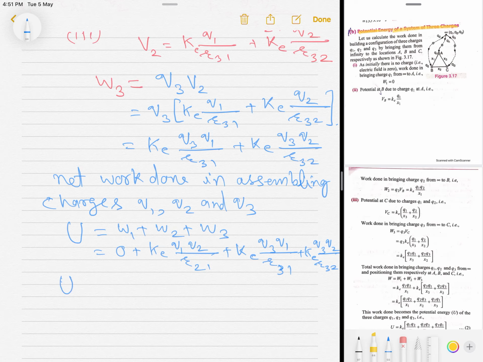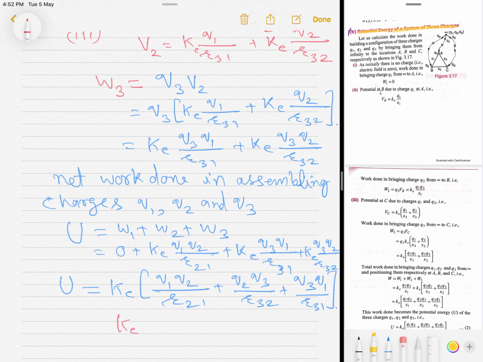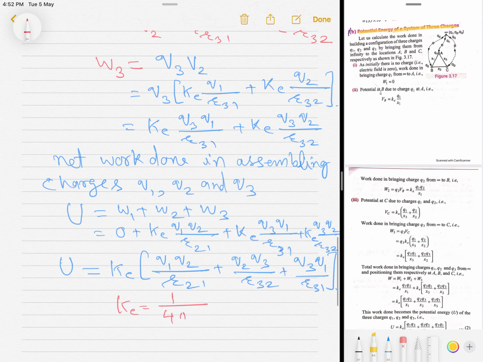So, electric potential energy will be Ke times q1 q2 by R21 plus q2 q3 by R32 plus q3 q1 by R31. Write it in this way, then you can remember it: q1 q2, q2 q3, then q3 q1. And Ke, as you know, is the electrostatic constant, its value for vacuum is this.